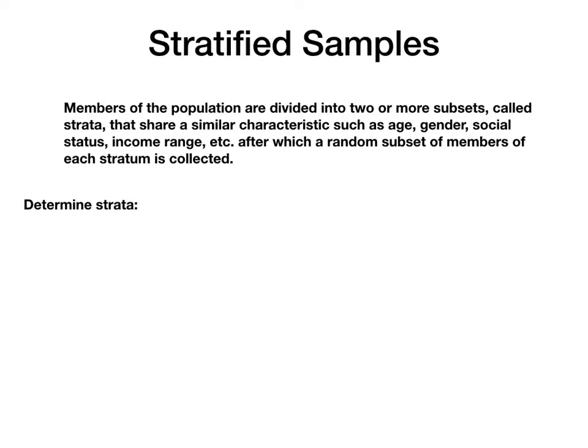Second, stratified samples. In this technique, members of the population are divided into 2 or more subsets. We call them strata. Each stratum shares a similar characteristic, such as age, gender, social status, income range, etc. After which a random subset of members of each stratum is collected.